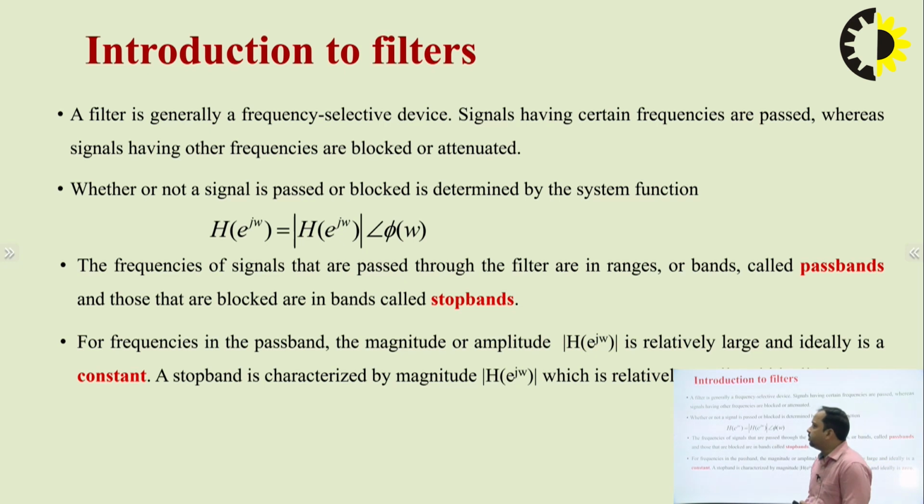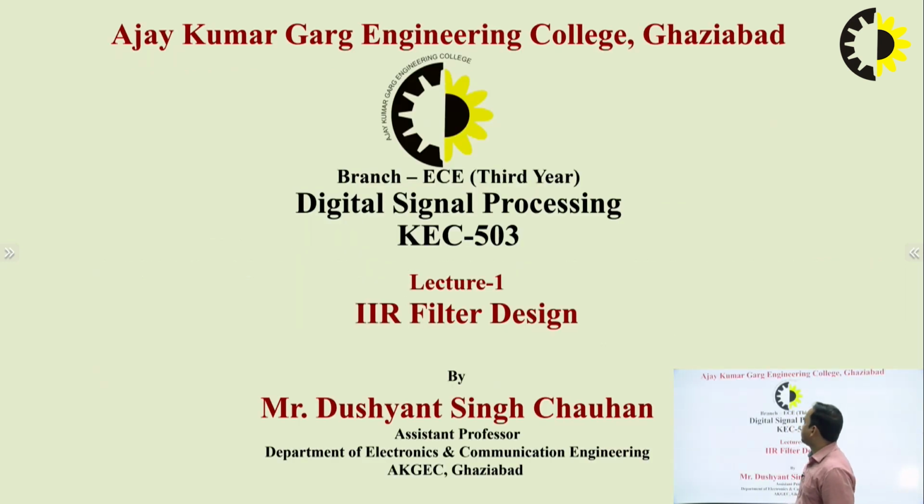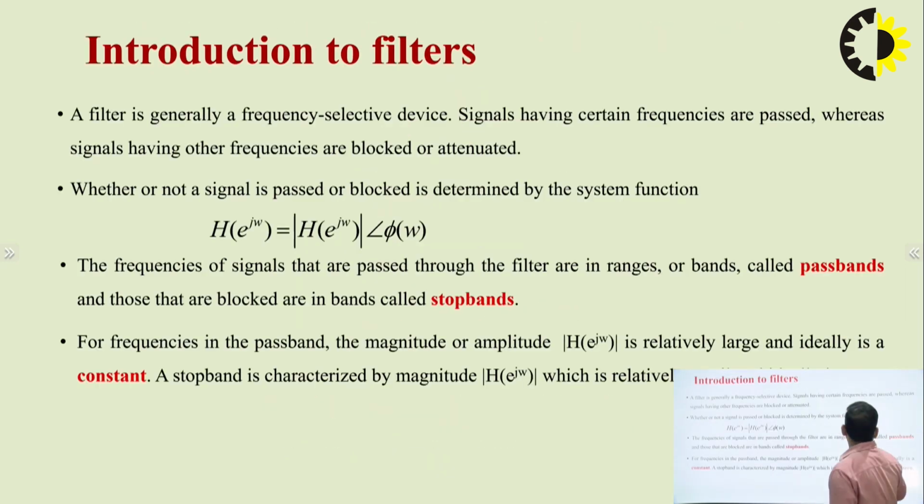So we'll start with the definition of filter first. So filter is generally a frequency selective network or a device. So signal having certain frequencies are passed, whereas signal having other frequencies are blocked or attenuated. So we are defining a filter by its frequency response, and the frequency response is given by H(e^{jω}), this one.